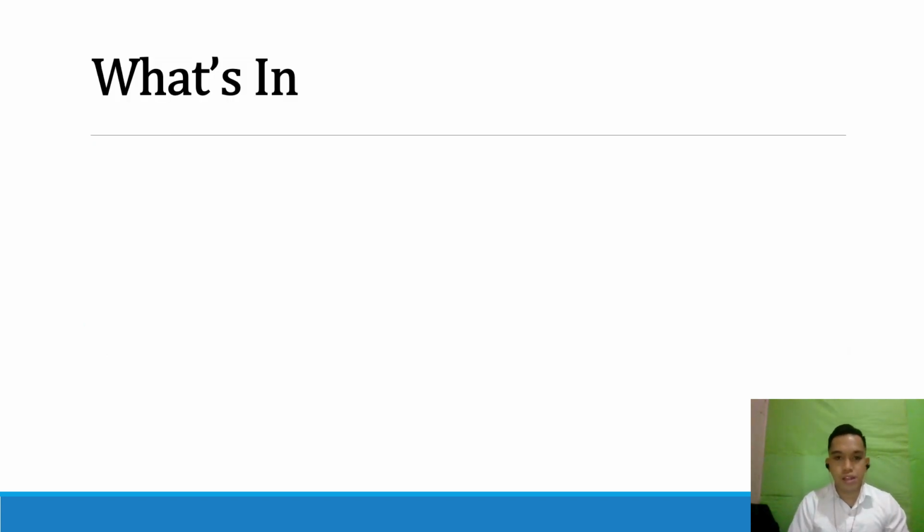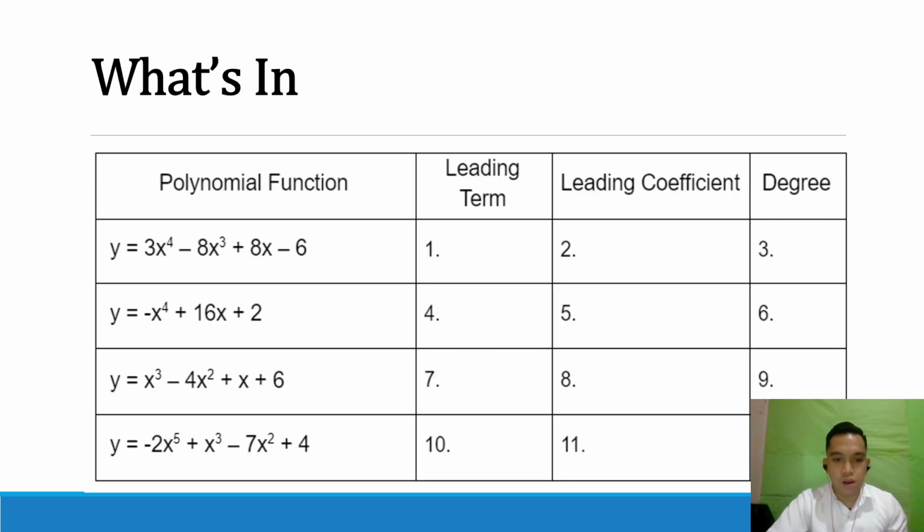So in order to get you ready in this lesson, let's do the activity. It is about the concepts of polynomial function which you have learned in the previous module. We have here a table. In the first column of our table are the polynomial functions. Then let's identify the leading term, the leading coefficient, and the degree.